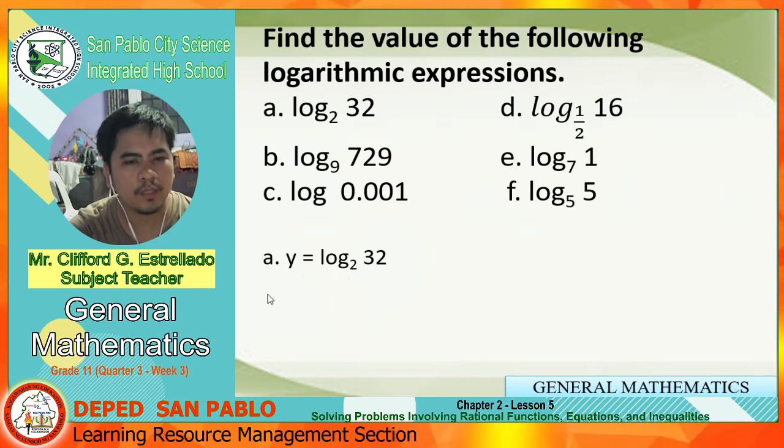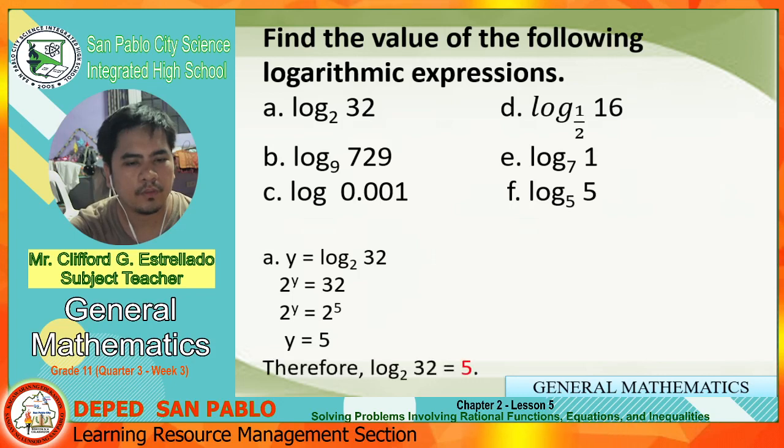So we have base 2 raised to y is equal to 32. Okay? Now 32 can be written as 2 raised to the 5th power. And according to the one-to-one property, we can say that the exponents are equal. So y is equal to 5. Therefore, logarithm of 32 with the base of 2 is equal to 5.